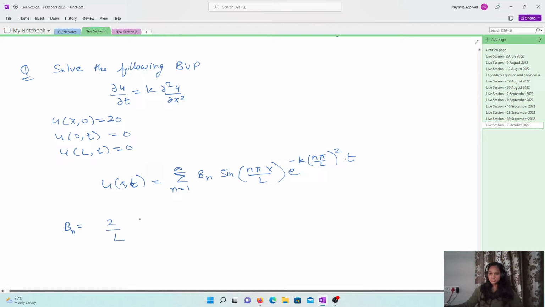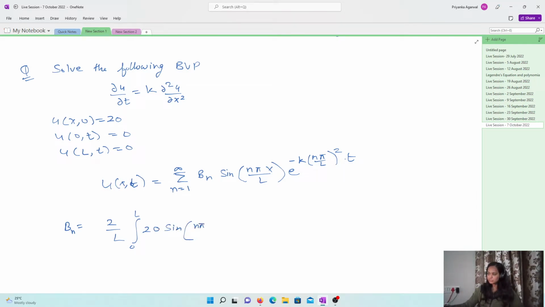2 over L, integral from 0 to L of 20 sin n pi x over L dx, which is equal to 2 by L. This becomes 20, you can take outside, and this becomes 20 L times 1 minus cos n pi over n pi.